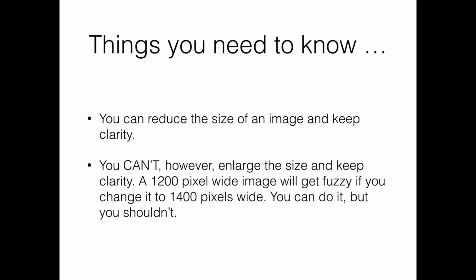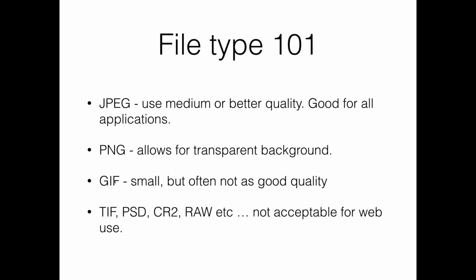PPI is how many pixels will fit in an inch. But the pixel dimensions of your image and the display resolution of the screen that it's being displayed on determine the size of the image.